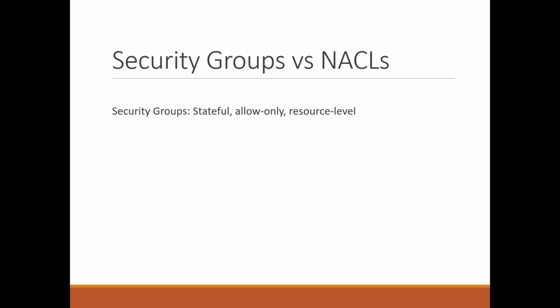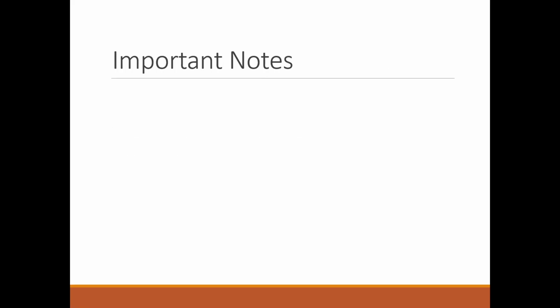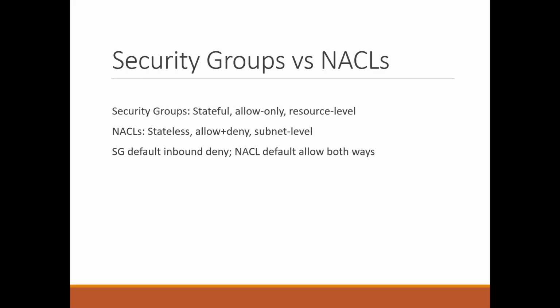For rules, security groups are allow only, while in NACL we can write both allow and deny rules. Return traffic is automatically allowed for security groups, while for NACL it must be allowed manually. For default behavior, security groups block all inbound and allow outbound, and for NACL all inbound and outbound are allowed.